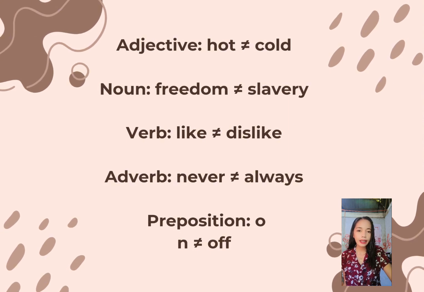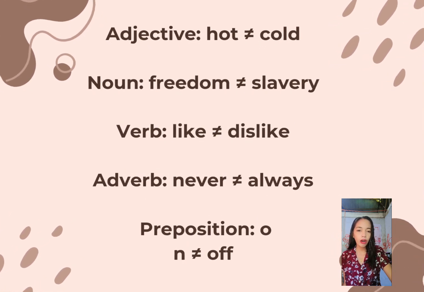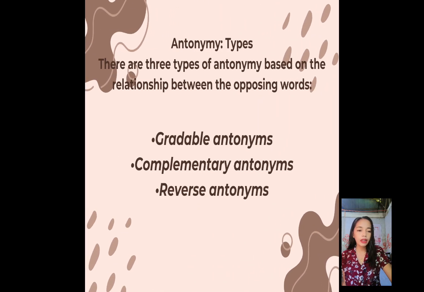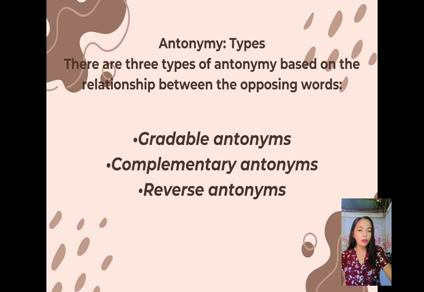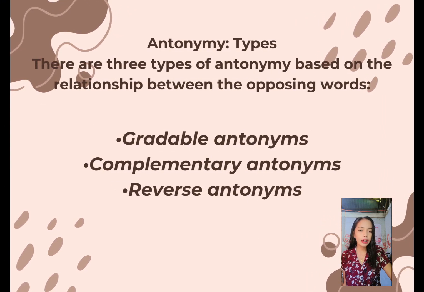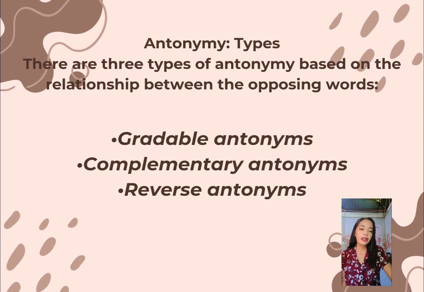Verb: like and dislike. Adverb: never, always. Preposition: on and off. And there are three types of antonymy based on the relationship between the composing words: gradable antonymy, complementary antonymy, and reverse antonymy.